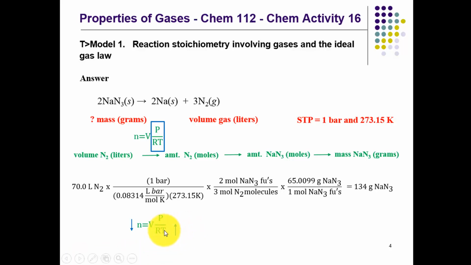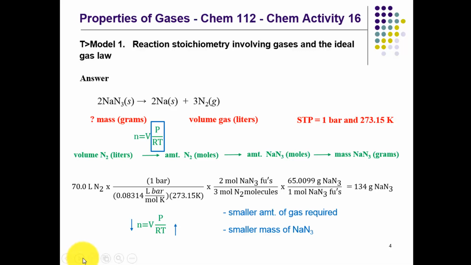Therefore, if the T gets larger, the n must get smaller. And so we know that the amount of sodium azide required would indeed be less, because we'll need fewer moles, or a smaller amount of nitrogen gas to be produced. A smaller amount of gas required means a smaller mass of sodium azide required.